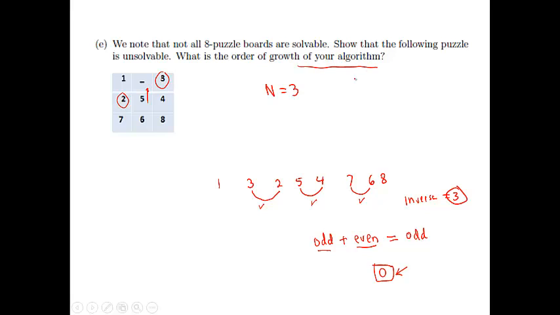What is the growth of your algorithm? Algorithm-wise, you can do a very simple algorithm. You start with i here and a j here. You fix the i, and then you compare how many of the j's are less than a[i].